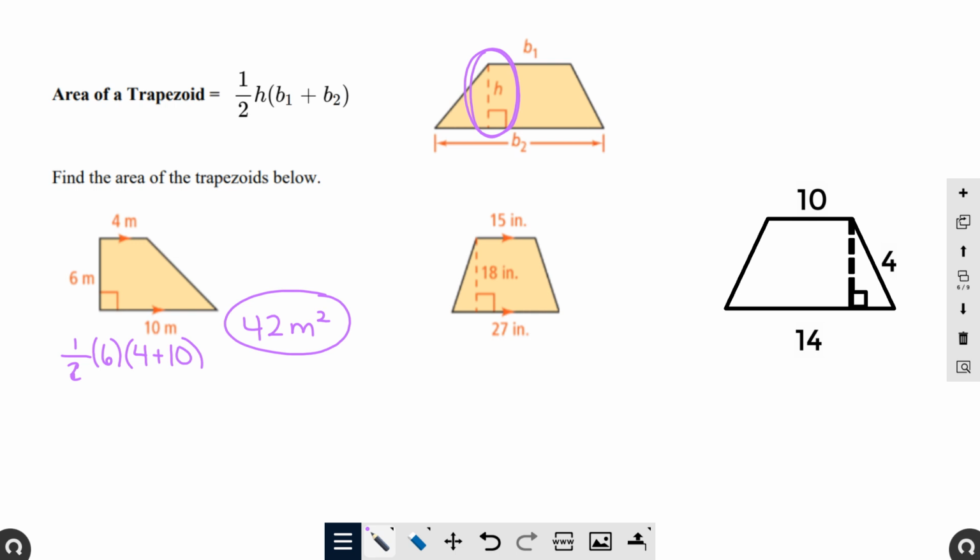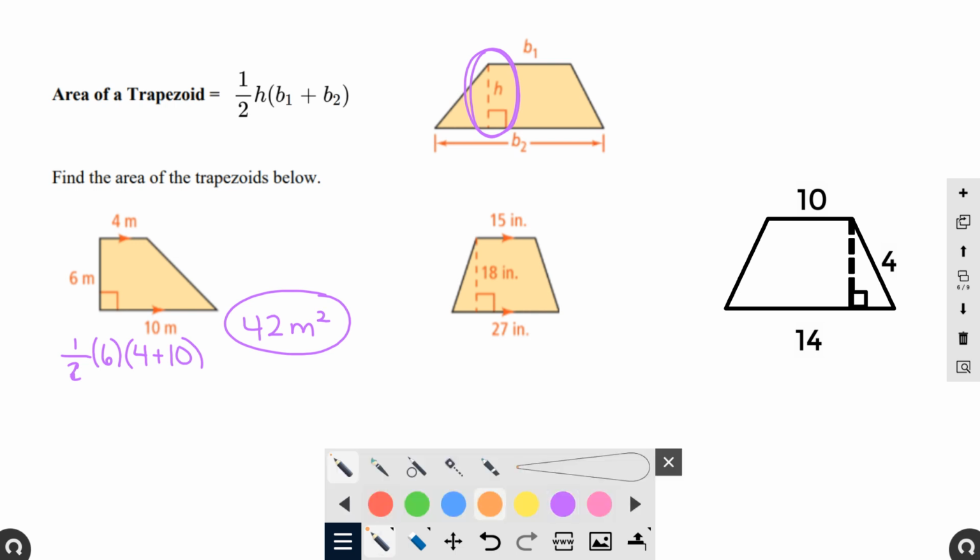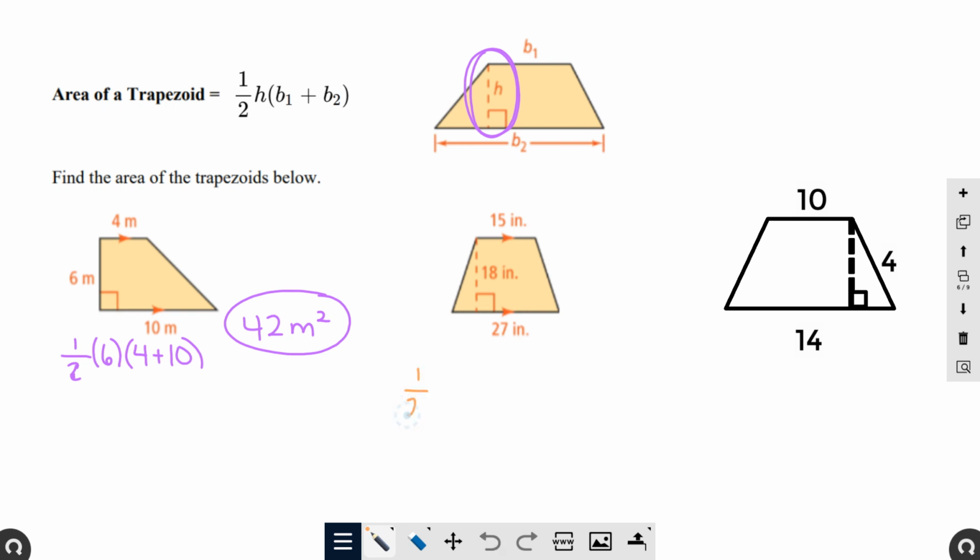All right, let's do our next one. So we have 1/2. What's the height of this trapezoid? 18. What are my two bases? 15 and 27.